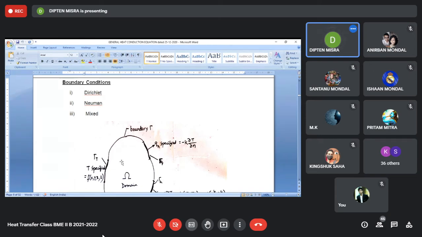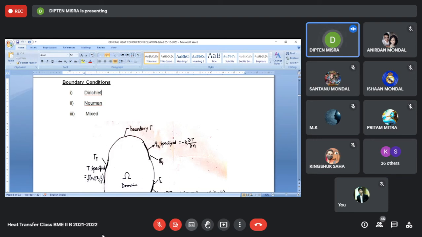For example, we have tried to show this part of the boundary having a boundary condition given by a known temperature. This boundary with suffix T is a symbol given to represent that on this part of the boundary we know how the temperature is varying with XYZ, because different points on this boundary may have different values of XYZ, and the boundary condition itself may change with time.